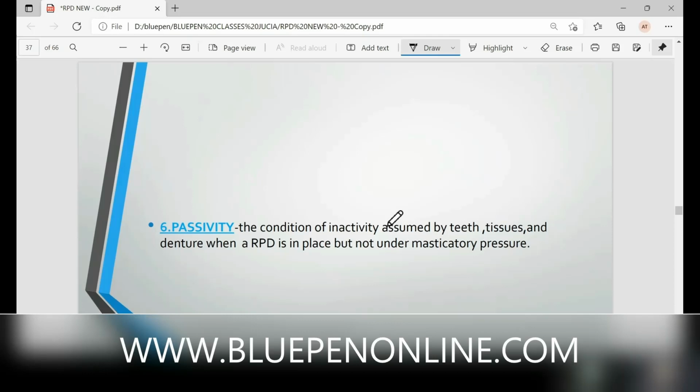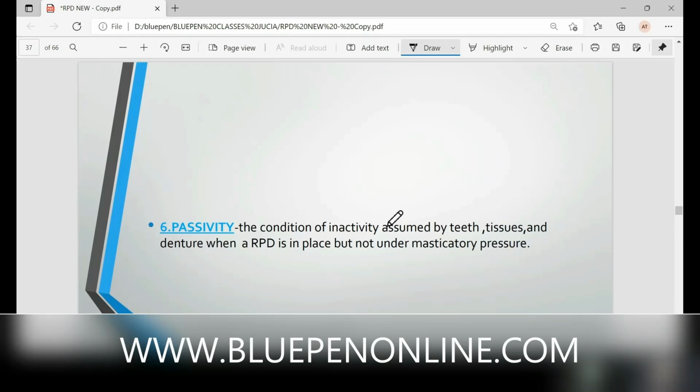You don't want any forces acting there. So that is passivity, the inactivity phase. When the RPD is not under any masticatory load, we don't want any of these forces acting on the patient's abutment teeth.